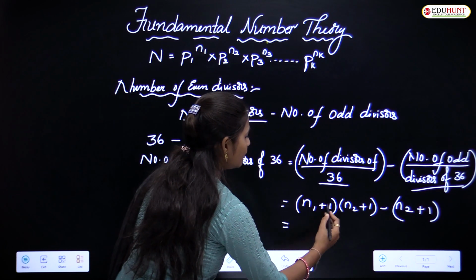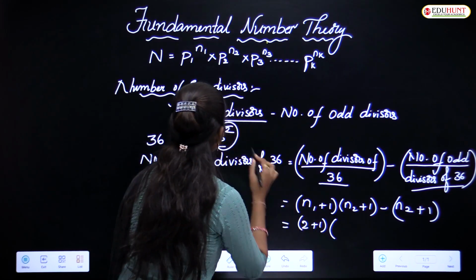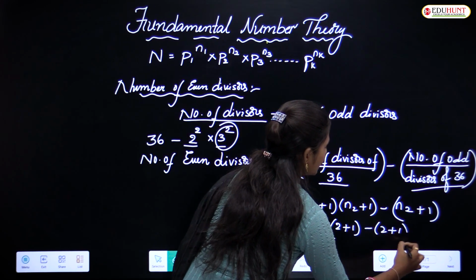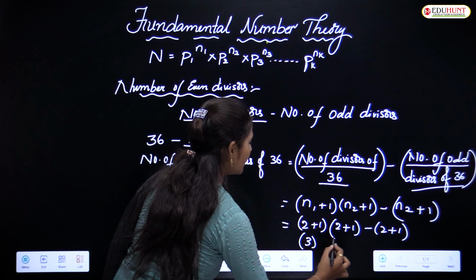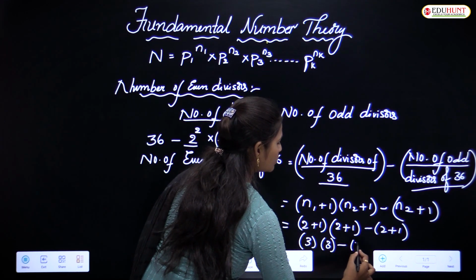So n1 is 2 and n2 is also 2. So 2 plus 1 into 2 plus 1 minus 2 plus 1. Here 2 plus 1 is 3, and again 2 plus 1 is 3, minus 2 plus 1 which is 3.